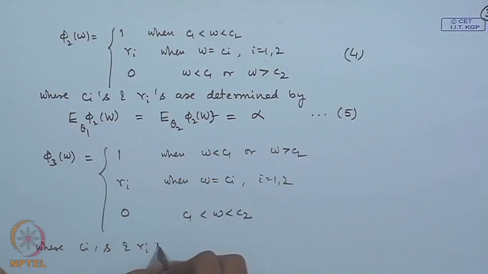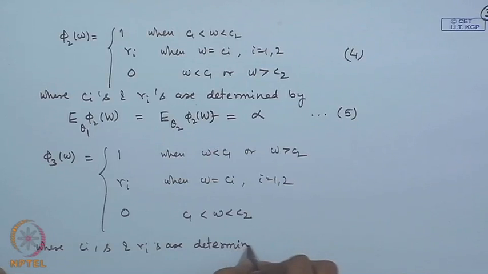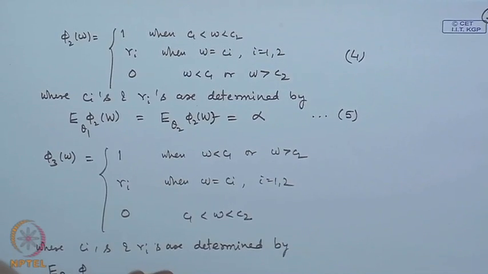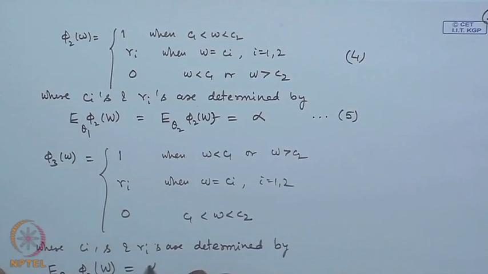The c i's and gamma i's are determined by the size conditions expectation at theta i of phi 3 w is equal to alpha for i is equal to 1, 2.